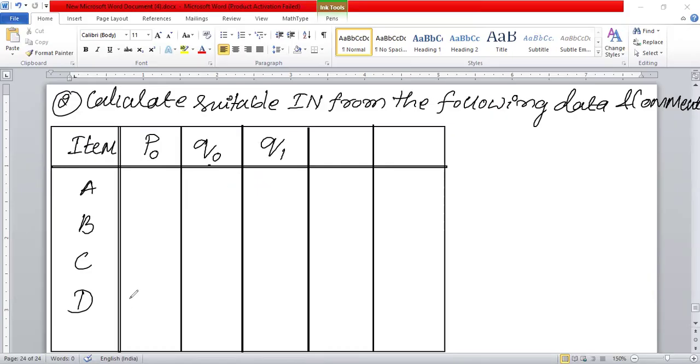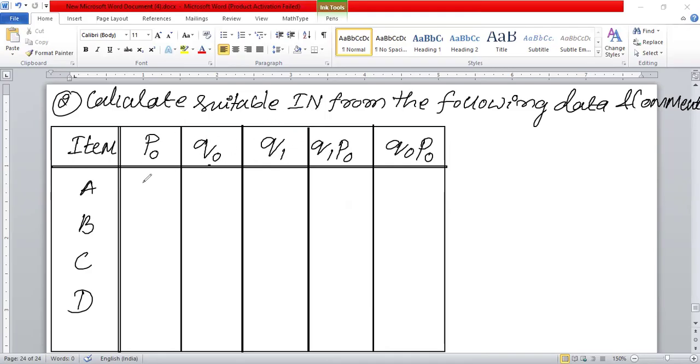Which suitable index number are we going to apply? Look at that, P1 is not there. Because P1 should be there to apply Paasche's quantity index number formula, but here it is not possible. Q1 P0 is okay for you, then Q0 P0 is also okay. Q1 P1, the current year price, is not at all there.